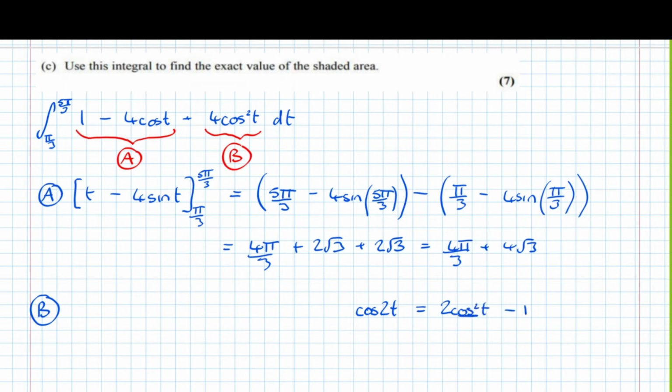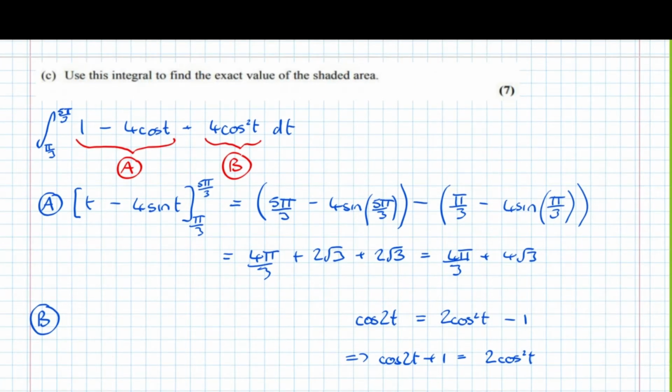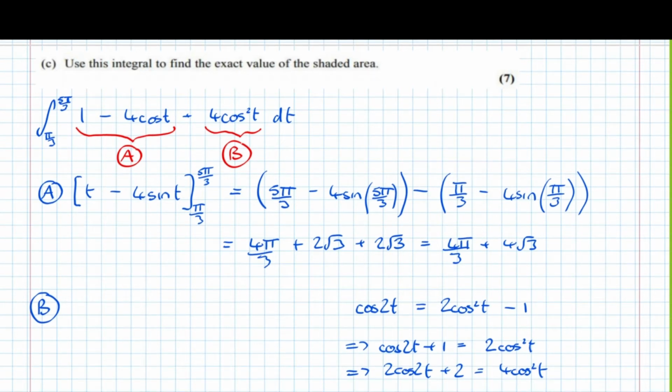We're going to use this well-known trig identity to replace cos squared t with something equivalent that we can integrate, which means that cos of 2t plus 1 equals 2 cos squared t.